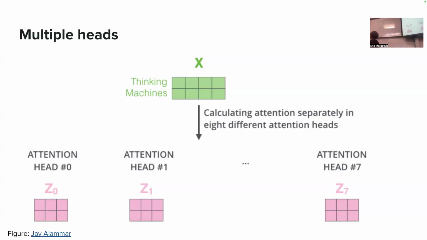When I do attention, and then get Z equals A times V, from each one of these sets I'm going to get a different output Z_i. And what I'm going to do is concatenate all of these Z_i. Imagine each Z_i contains in each row a hidden representation of a token.